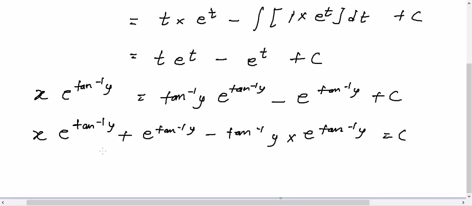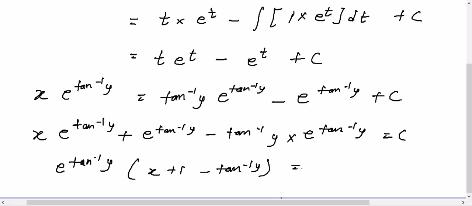So we can take e to the power tan inverse y as common, and we'll get 1 plus x minus tan inverse y is equal to c.